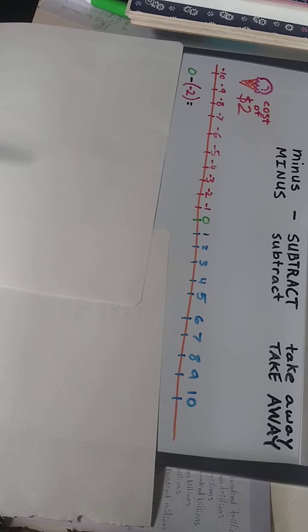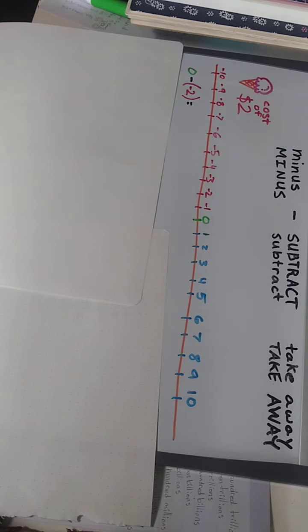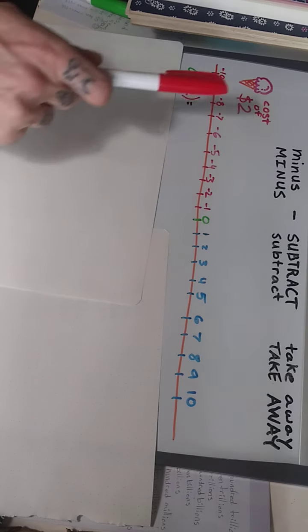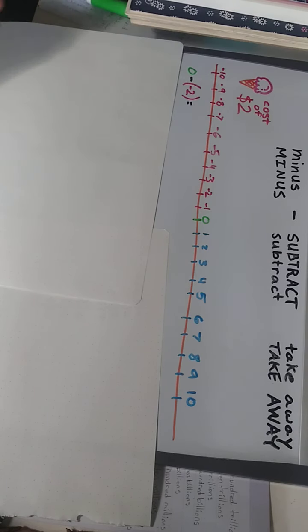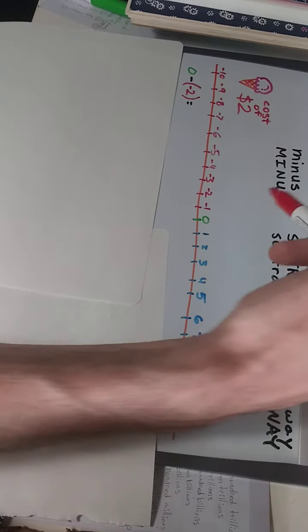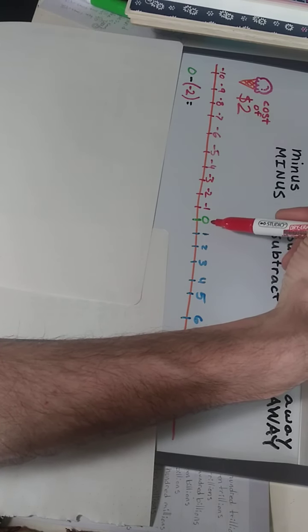Okay, so we're gonna do some subtracting with negative numbers. Let's start with this. Let's say there's an ice cream cone with the cost of $2. So we have $0, so we're starting out at the 0.